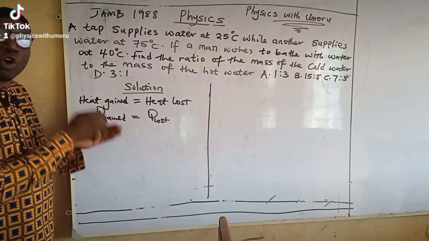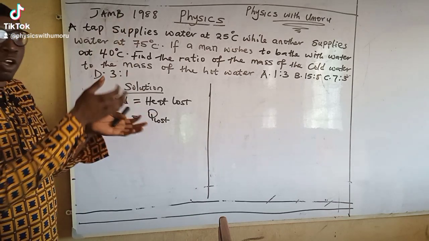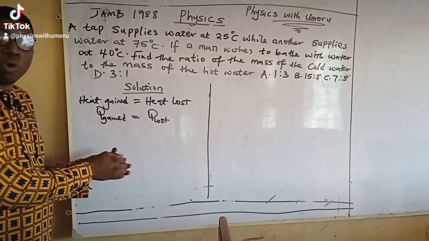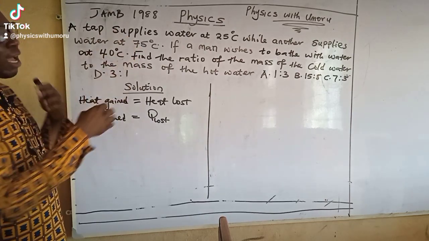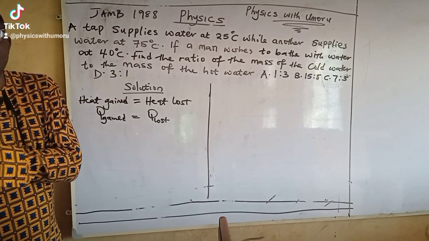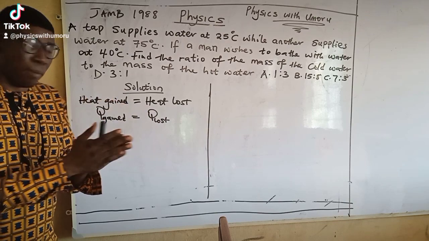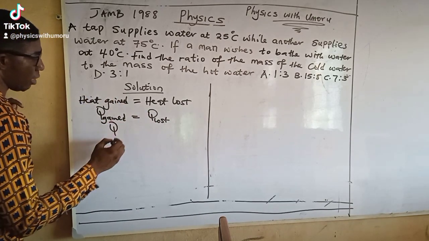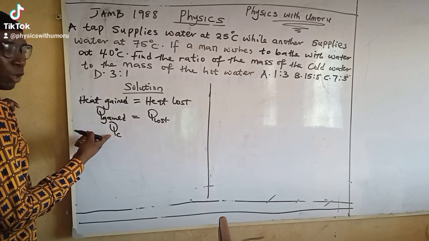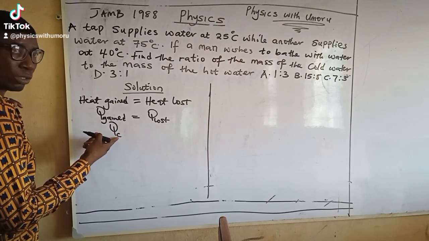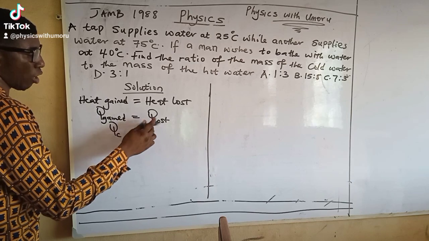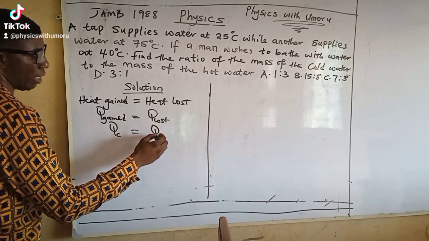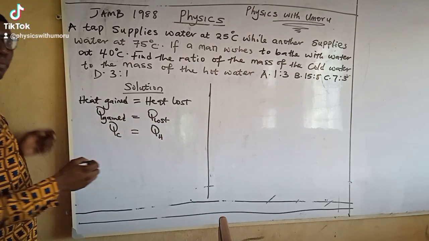The cold water gained heat because it went from cold to warm, and the hot water lost heat from being hot to being warm. So heat gained should be the heat gained by cold, C for cold, that is the water, and heat lost is the heat being lost by the hot.